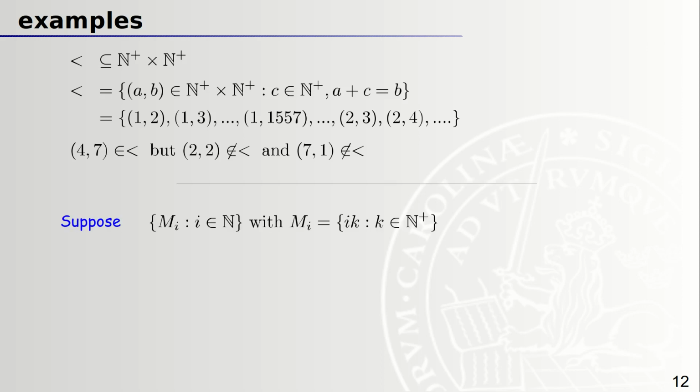Now suppose we define a family of sets like this, similar to the one we defined before. Each M_i contains all the multiples of i, this time though including i itself. Now let us use these M_i to define a relation R over the positive natural numbers like this.